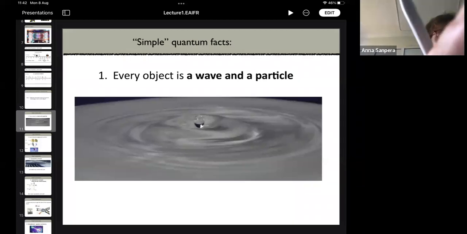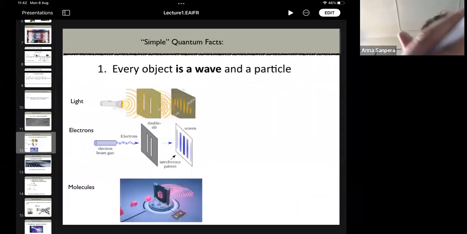And this is clearly demonstrated because we know that there is this thing which is the very, very basics of quantum physics, the double slit Young experiment, which you can do with light, and then you see that you have interference fringes, but you can do it with electrons, and you have interference fringes even if you send the electrons one by one.